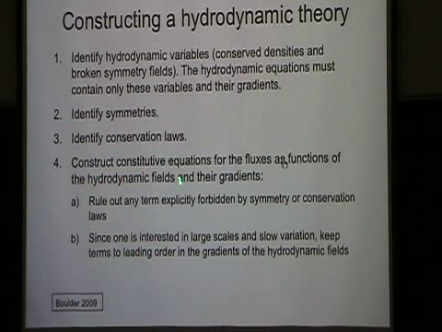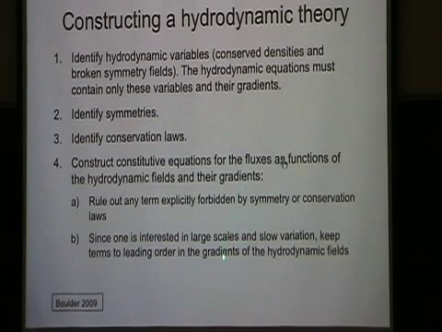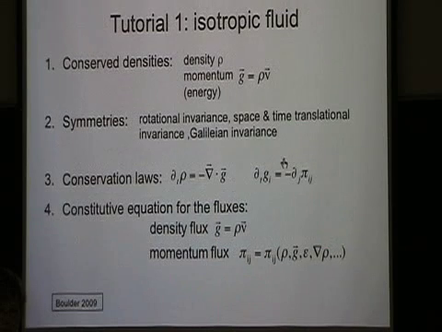Then I have to close the conservation law, relating the conserved variable to a flux, by figuring out how the flux is written in terms of the hydrodynamic variables. And since I'm only interested in large-scale physics, I will only keep leading terms in gradients of the hydrodynamic fields.